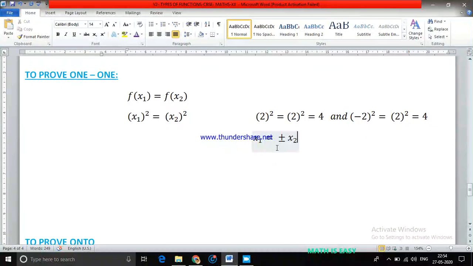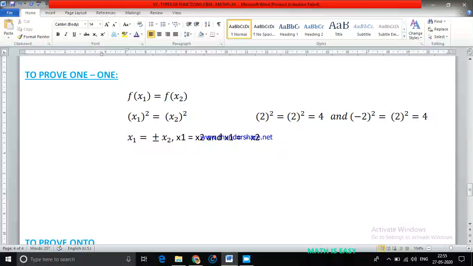I considered the images to be equal, then I proved their elements are not equal. So x1 equals x2, and x1 equals minus x2.